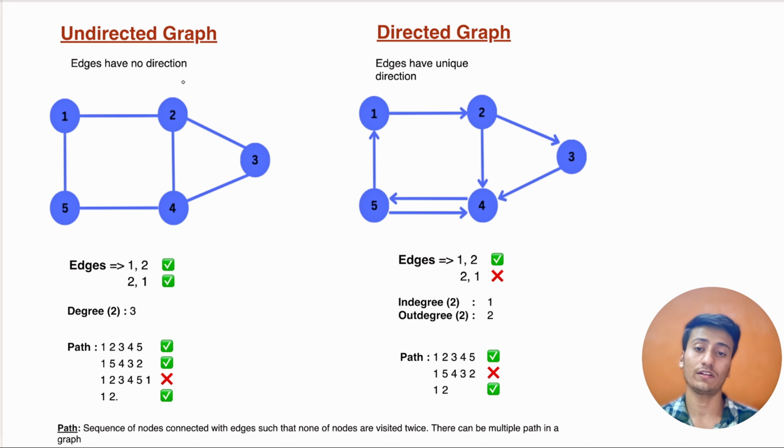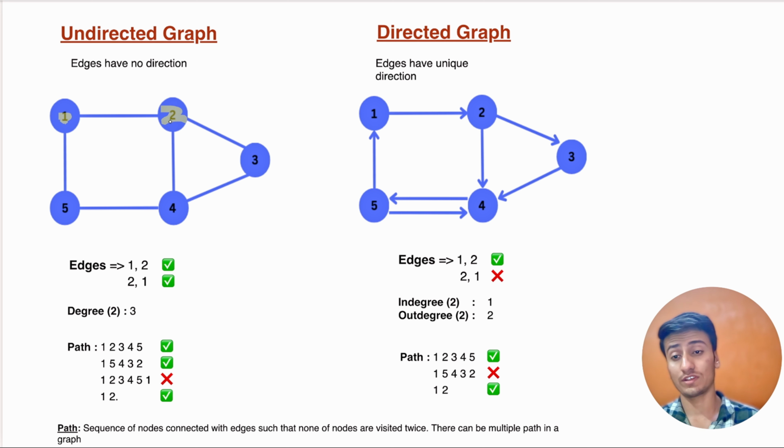You can see in the figure given below, there is no direction in the edges. There is no arrow marking or no direction in the edges. Whereas in a directed graph, you can see each edge has a direction represented by an arrow. So we can say over here in an undirected graph, there is an edge between 1 and 2.